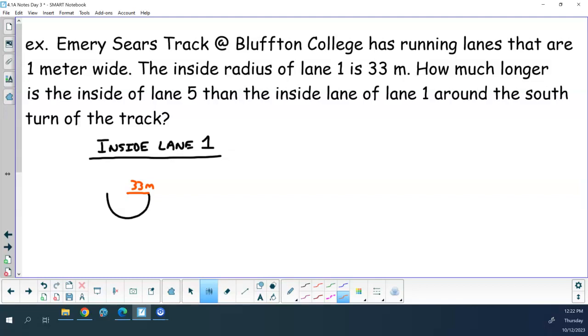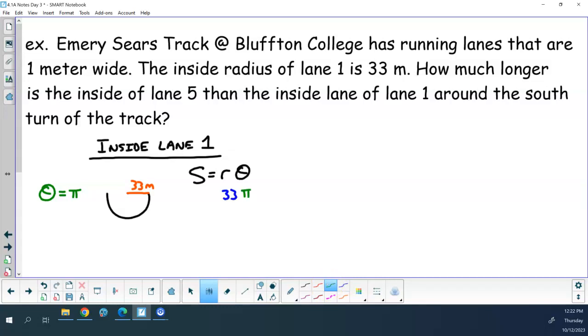We said that our theta was how much? Pi. Theta is going to be pi there, because if we want to use S equals R theta, then we've got 33 times pi.